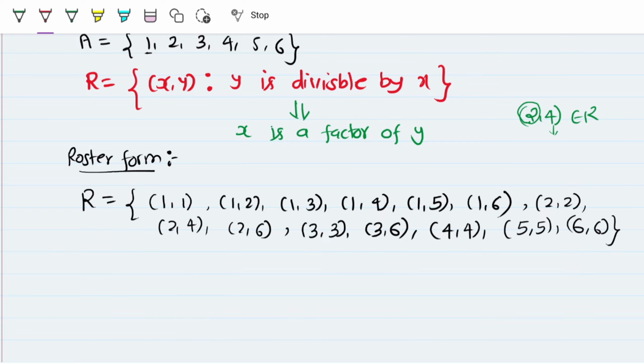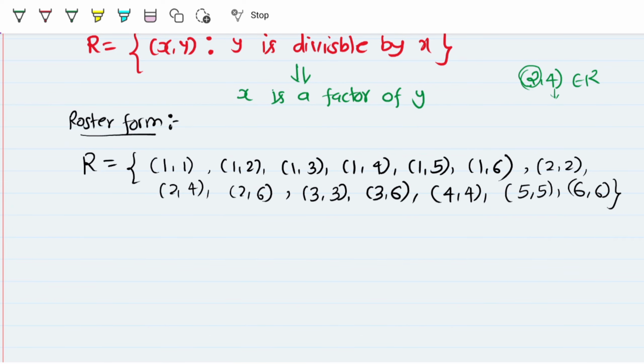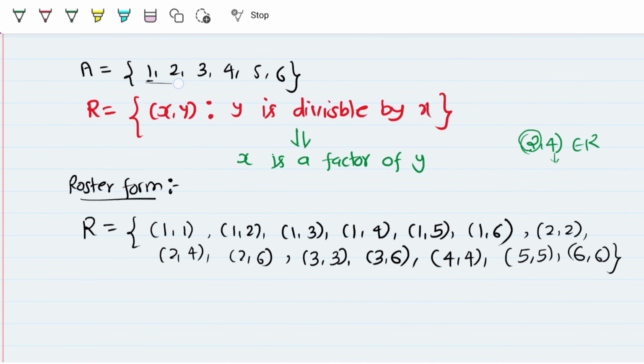Now here I can check for reflexivity, for symmetricity, and for transitivity. So how to check reflexivity? For a reflexive relation, every element from the given set A should be self-related. In the given set A, there are 6 elements, so for reflexive, we need to check that (1,1), (2,2), (3,3), (4,4), (5,5), (6,6) should be there.